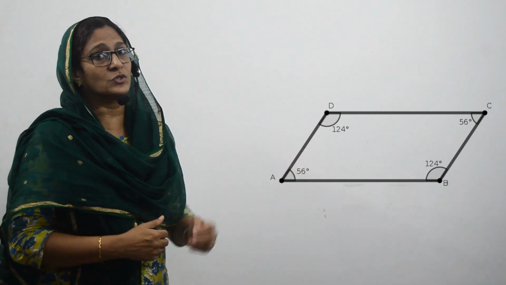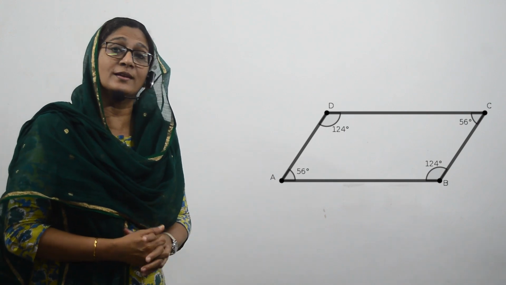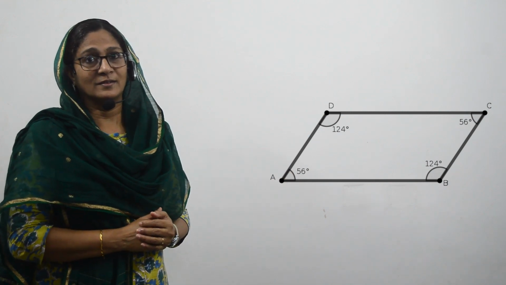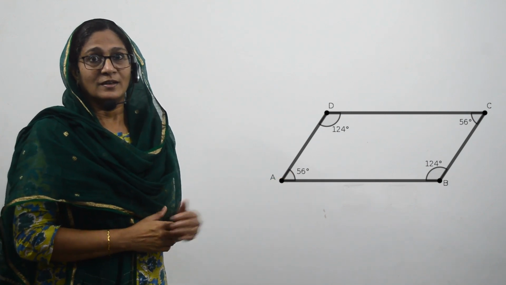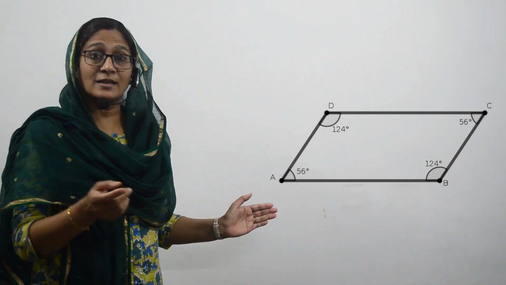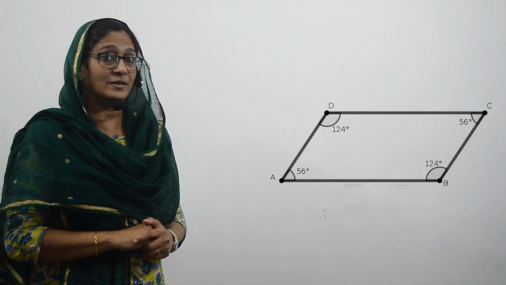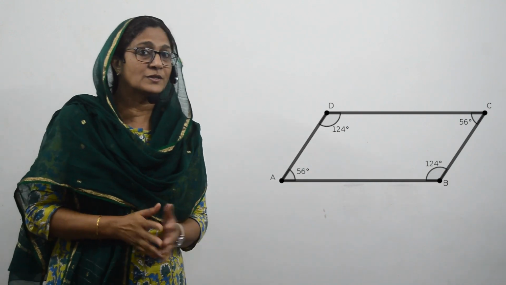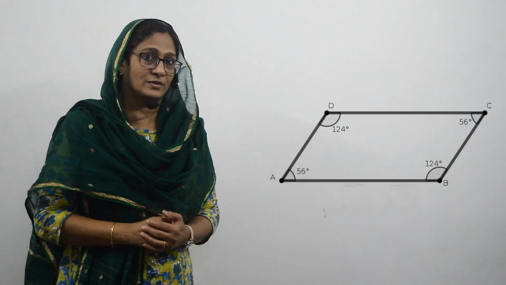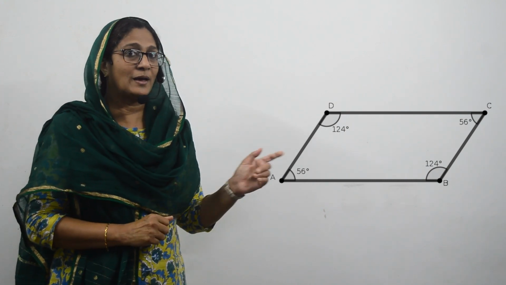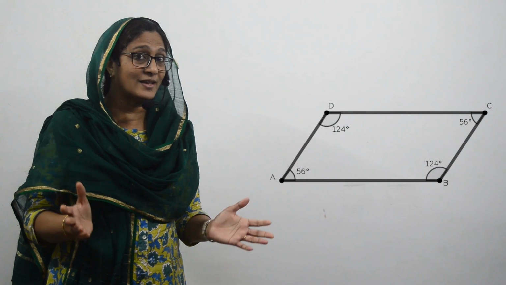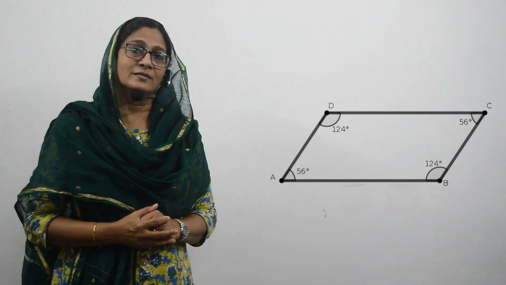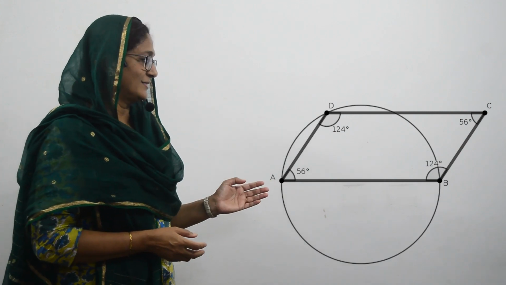Two obtuse angles always add up to more than 180 degrees. So, in this case, what we have seen is the sum of the opposite angles is either less than 180 degrees or greater than 180 degrees. Both are not sufficient for a cyclic quadrilateral. So parallelograms other than squares and rectangles are not cyclic. See?